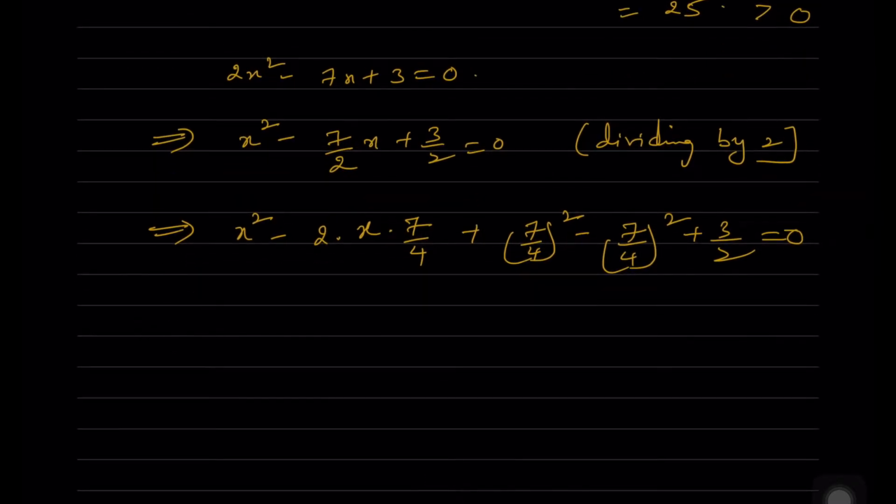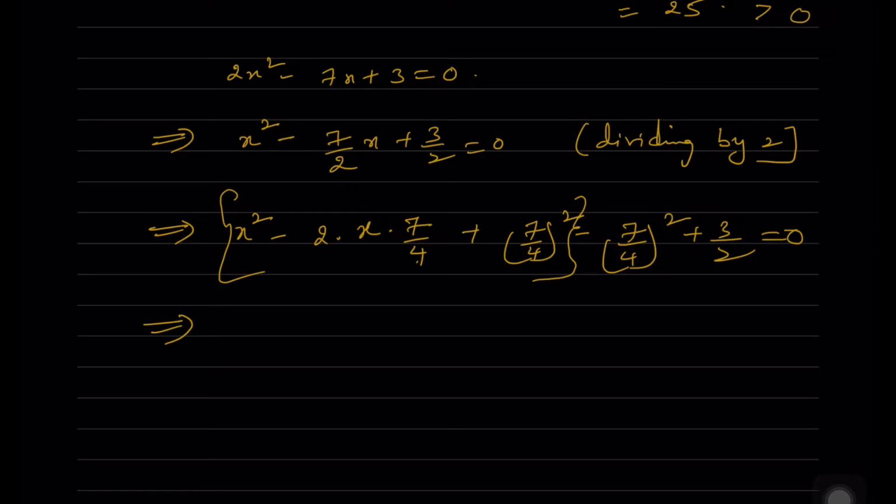So now you can write this in the form of a square minus 2ab plus b square. In order to make this a perfect square, we take the second term, multiply with the 2 and divide with the 2. So it becomes in the form of a square minus 2ab plus b square.